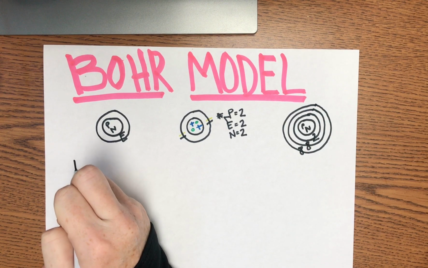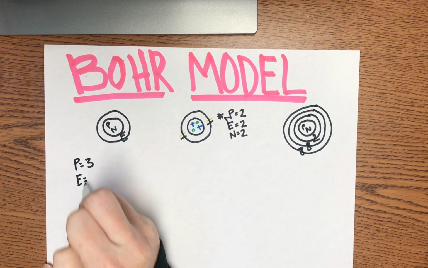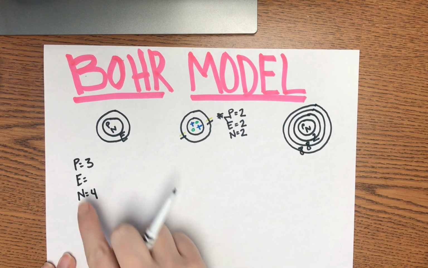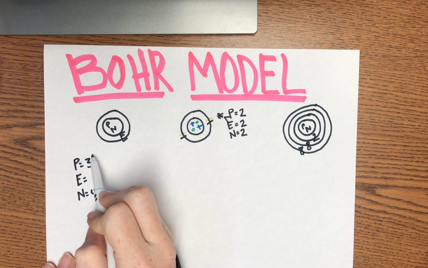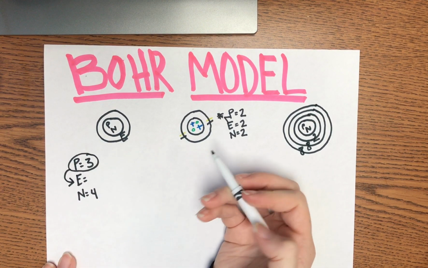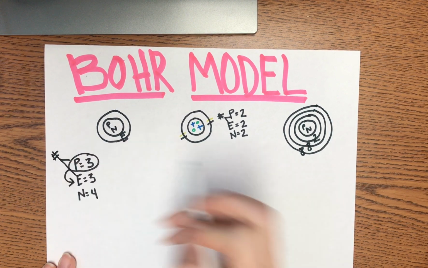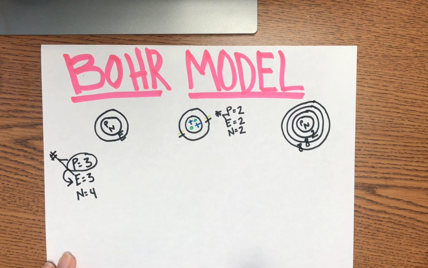We're going to draw a model that has 3 protons and 4 neutrons. Now, what happens if we don't know how many electrons? Well, if we know how many protons there are, we know how many electrons there are, because remember, protons and electrons always have the same amount. So, we were able to fill in that missing information.